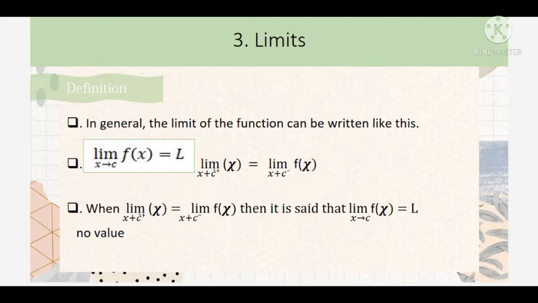When they are equal, then it is said that lim x approaching c f(x) equals L. Otherwise, there is no value.